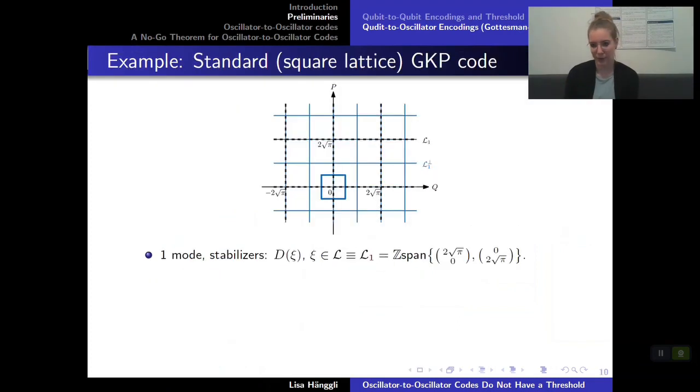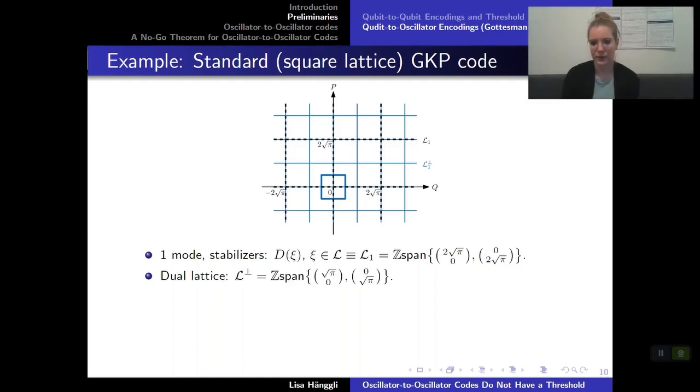Okay, so let us have a look at an example. The standard example of a GKP code corresponds to one mode and a square lattice of spacing 2 times square root of pi. So the stabilizer displacements correspond to vectors in this lattice L, which is denoted by L1 in the picture and marked with dashed black lines.